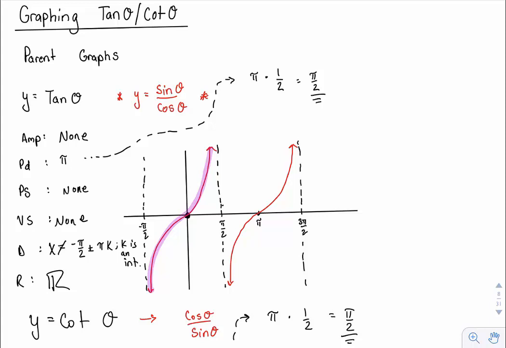You also want to know that it has two vertical asymptotes at negative pi over 2 and pi over 2, and it just repeats as it goes asymptote, 0, asymptote, 0, and so on. So again, just understand the shape and the location of your zeros and your asymptotes, and then once you know that and we start doing our transformations, we're just going to slide those points over, and if the period gets affected, we'll deal with that.